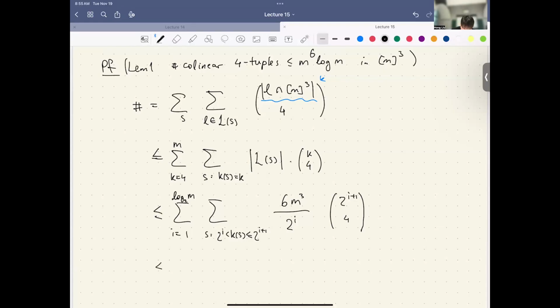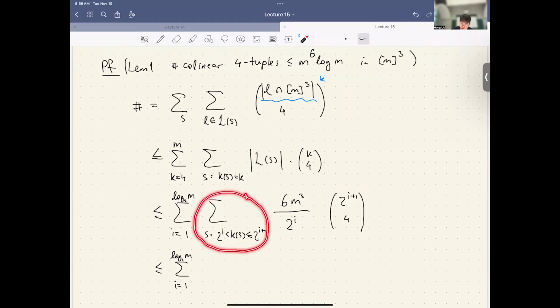This is at most the sum over all i. And then now we have to count the number of directions where the size of S is between 2 to the i.